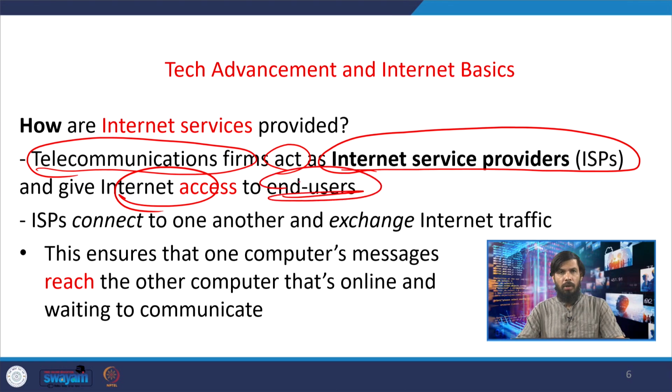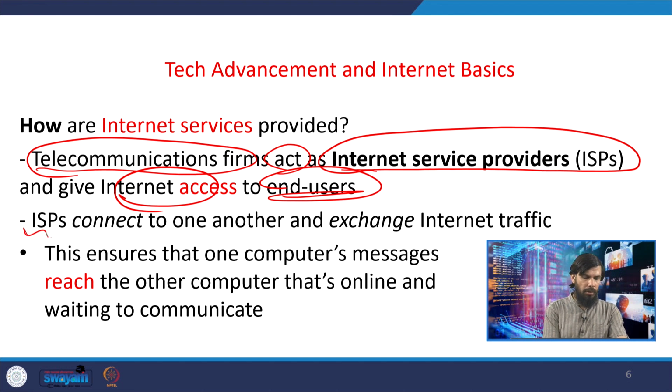Now, because there are so many telecommunication firms, they will mainly be running the network for their own customers, right. So, how will customers of one telecommunication firm connect to computational nodes that are part of some other telecommunication firm? There has to be a mechanism, right.